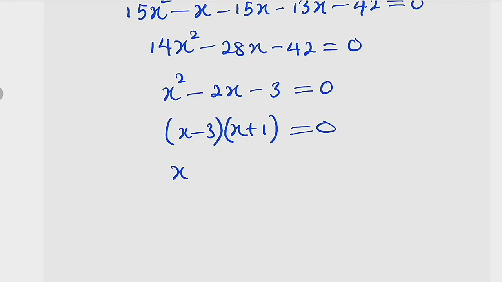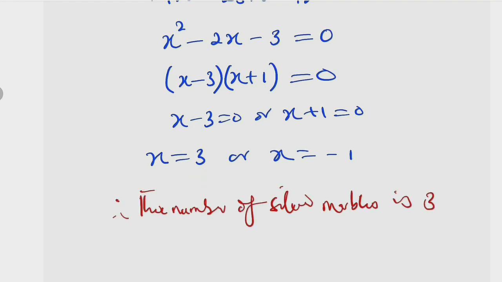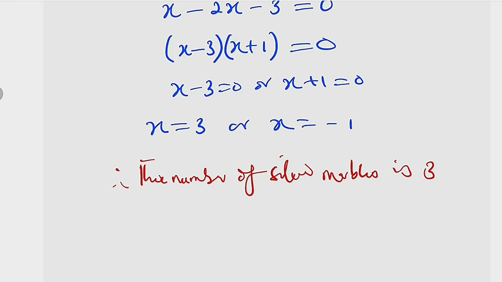We set each factor to be equal to 0. So it is either X equals 3, or X equals negative 1. But remember, we are talking about number of marbles, so we expect a number to be positive. Therefore, the number of silver marbles is 3. And hence, this is just the solution to this problem.